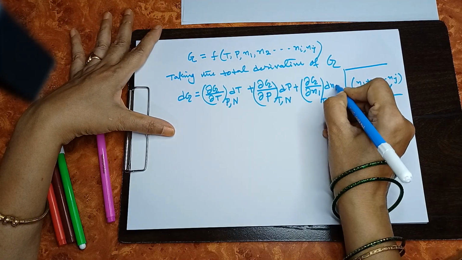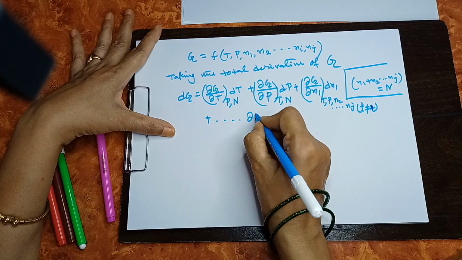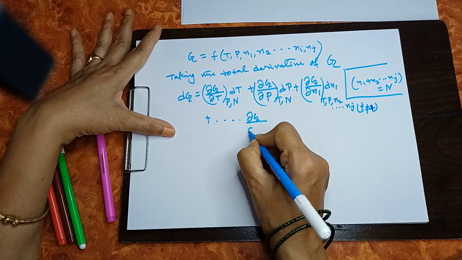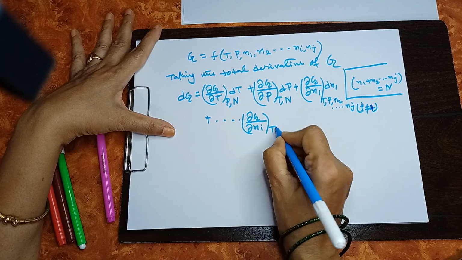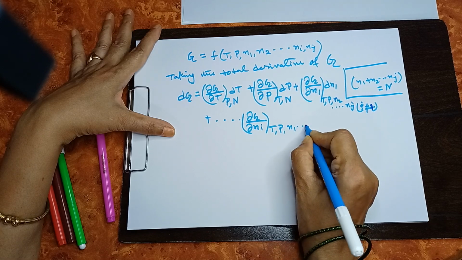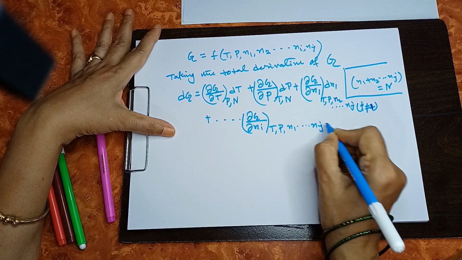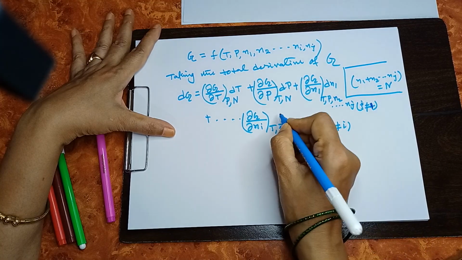So dN1 plus dot dot dot, plus dou G by dou Ni at constant temperature, pressure, N1, N2 up to Nj, with j not equal to i, dNi.